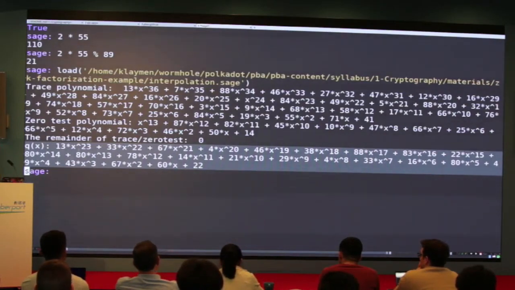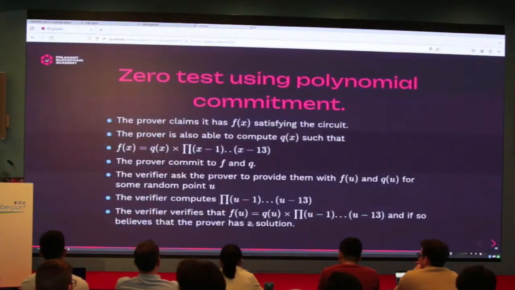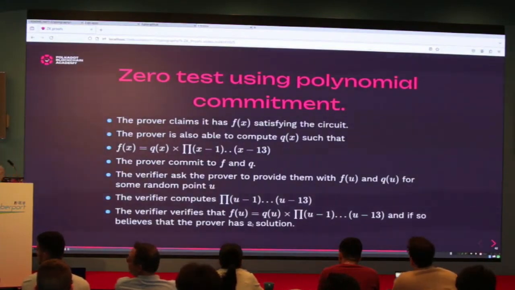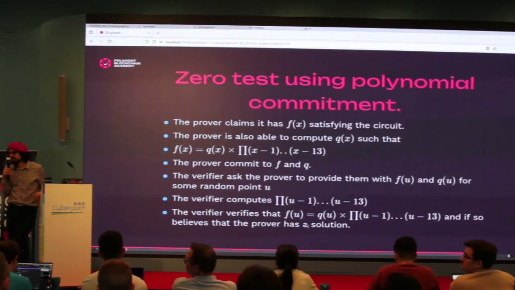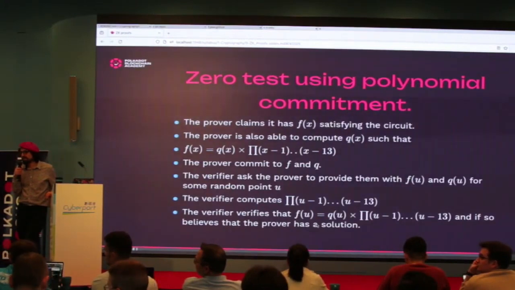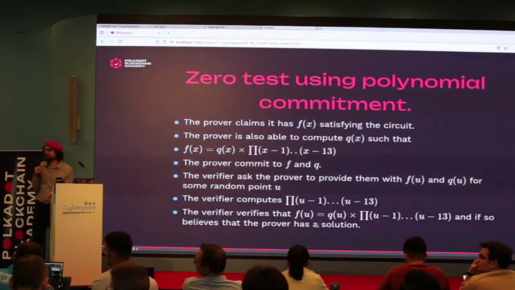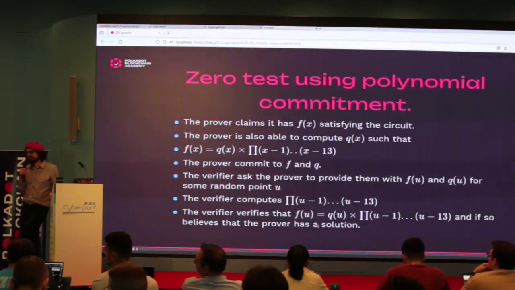Let me go back to this slide. Yes, Syed, I'm coming back. Rachel, you have a question. My question is on the part where the prover commits the polynomial and the quotient polynomial to the verifier. How does the prover prove to the verifier that this polynomial relates to the circuit?